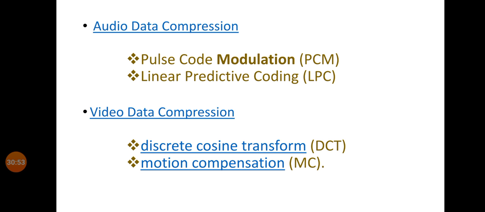DCT means discrete cosine transform. MC means motion compensation. Only the basic part is there about data compression for your syllabus. Not necessary to study all these techniques in detail. Only remember the names of techniques. For audio data compression, PCM and LPC. For video data compression, DCT and MC.